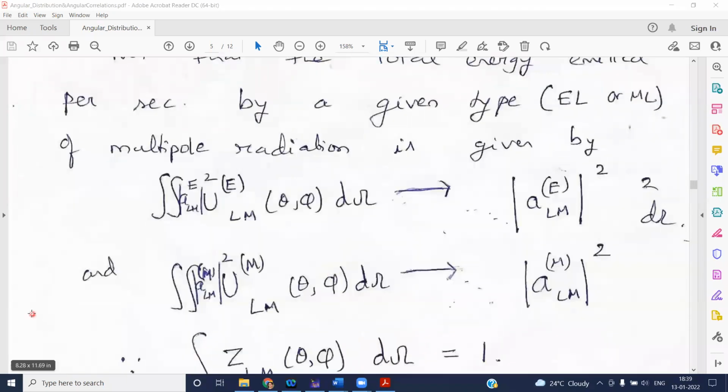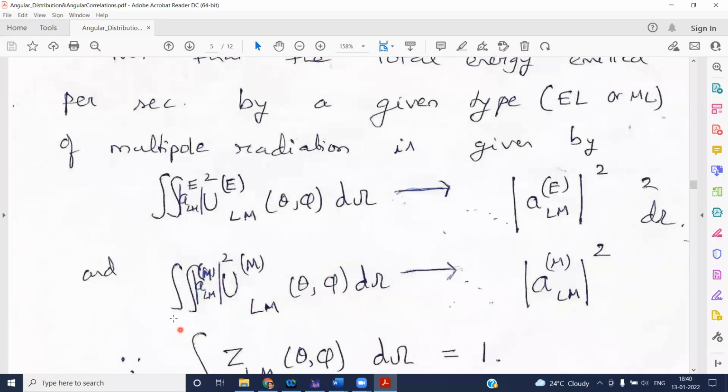And then similarly, there is a d omega which is wrong here. After integrating over d omega, I don't get a d omega here. It is only A_E(LM) mod squared. And similarly, if it is magnetic type radiation, integrate means here experimentally I am adding every value of the radiation for all angles.